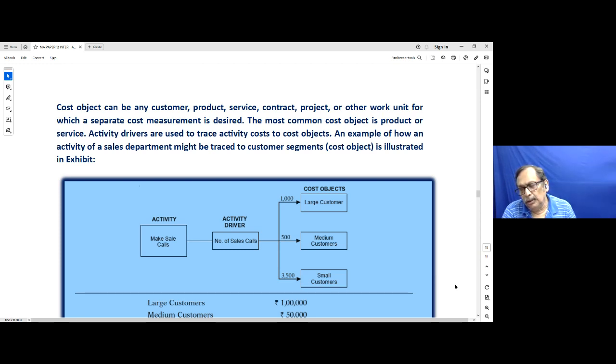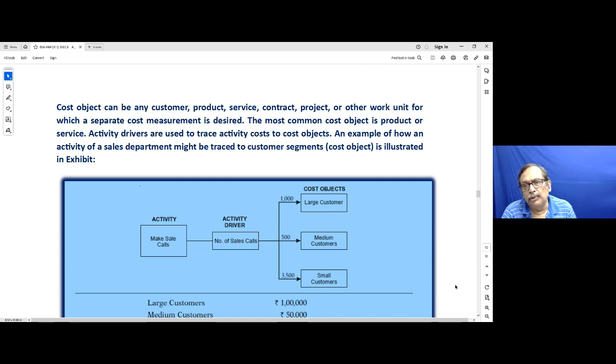Okay, so cost we are going to measure so far various cost objects are concerned, and this cost object may be customer, product, service, contract, a particular project or other work unit for which a separate cost measurement is desired.